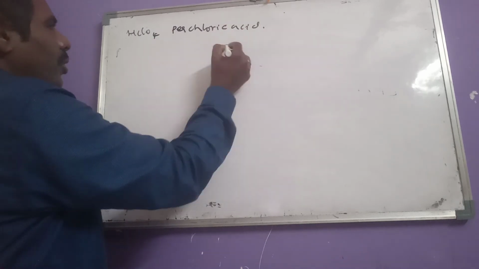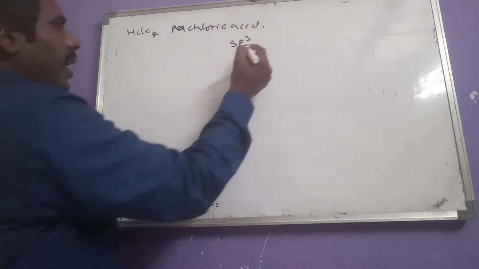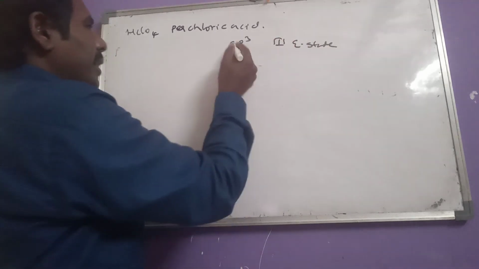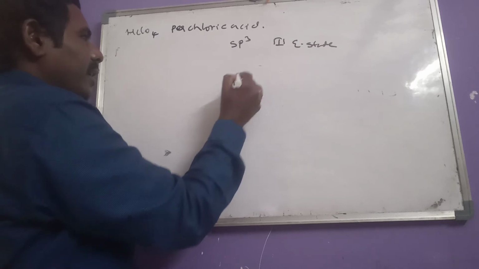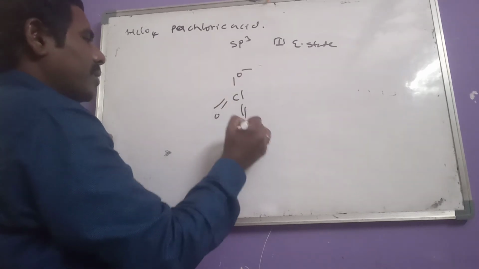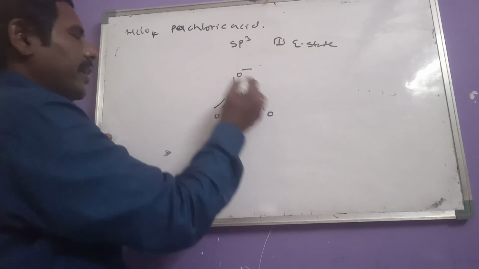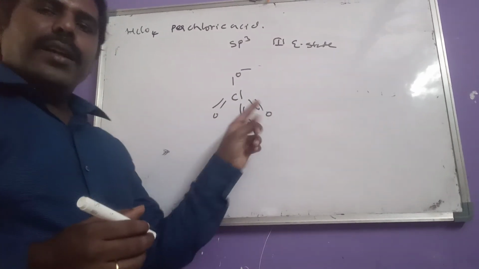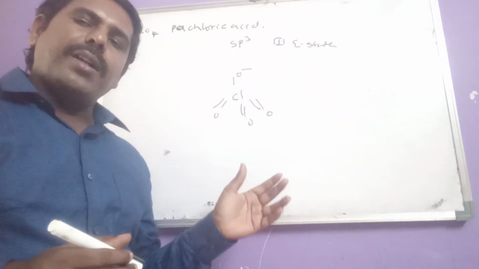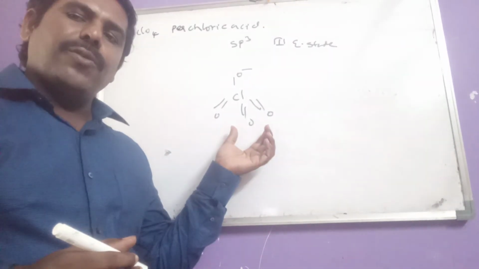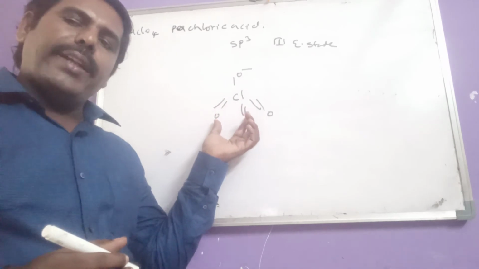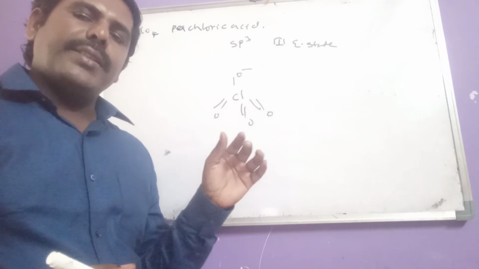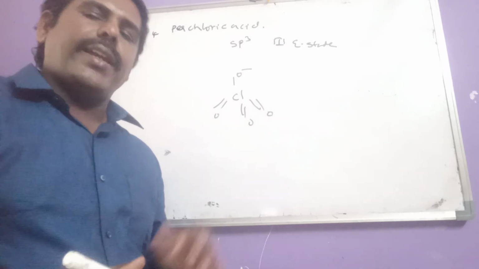In this also chlorine undergoes sp3 hybridization but in third excited state. In third excited state, there are no unpaired electrons with chlorine, and it has tetrahedral geometry, and three d pi p pi bonds are present in the perchlorate ion.